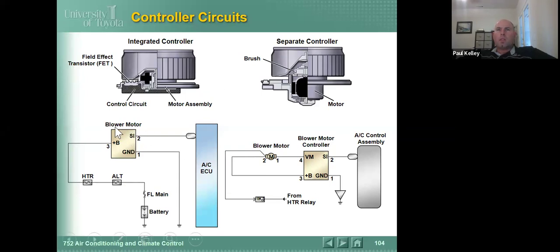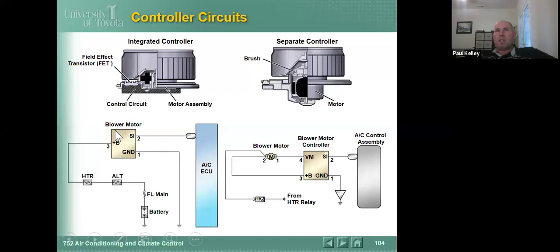So this blower motor has a big positive, a big negative, and a small wire right here. This is the one that carries the pulse width modulation or the duty cycle. So depending on what this does, it'll determine how much current flows through the motor. Cool. And this one has a blower motor controller that's separate from the motor.